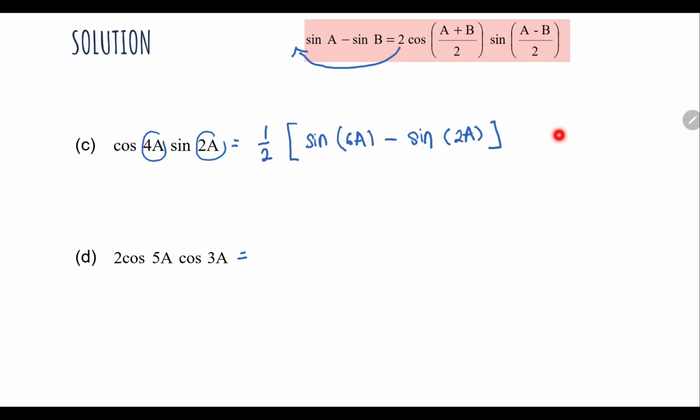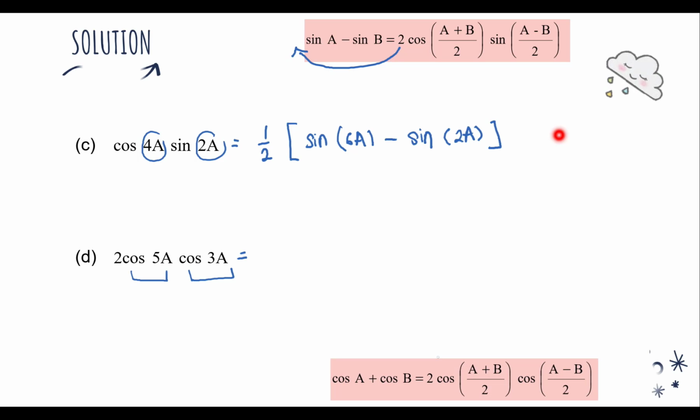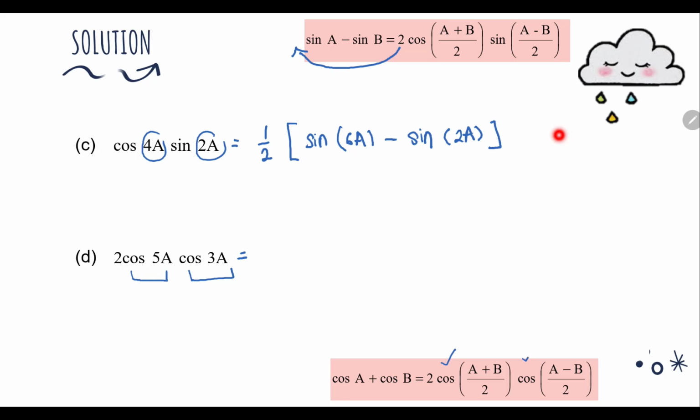Okay, next is 2 cos 5A multiply cos 3A. So this is cos multiply cos. So we're going to find the formula suitable for cos multiply cos. So notice here, cos multiply cos, so it's going to be cos A plus cos B. First I'm going to transfer my 2 to the other side, so I will have 1 over 2.